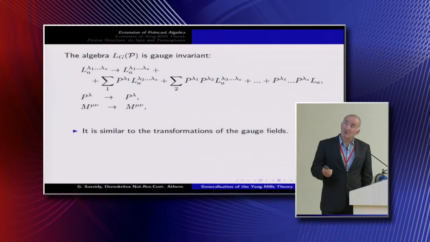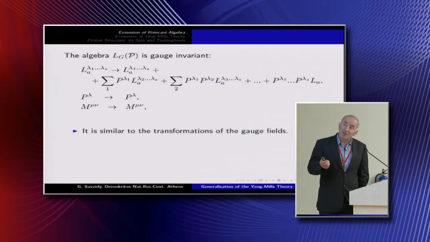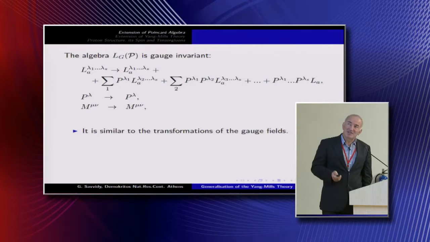This algebra has some unusual properties. For example, if you take the generator and you shift it by the momentum this way, where P mu is a momentum operator, you will see that this is somehow like a gauge transformation. You shift the field by something which is proportional to the derivative.